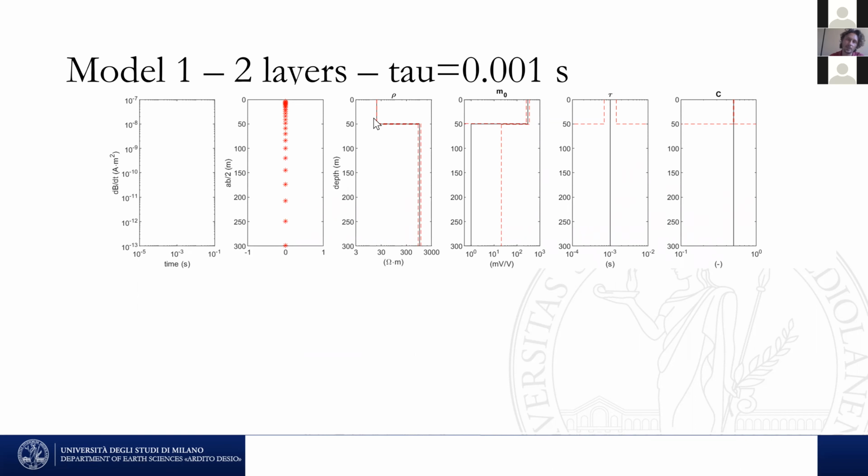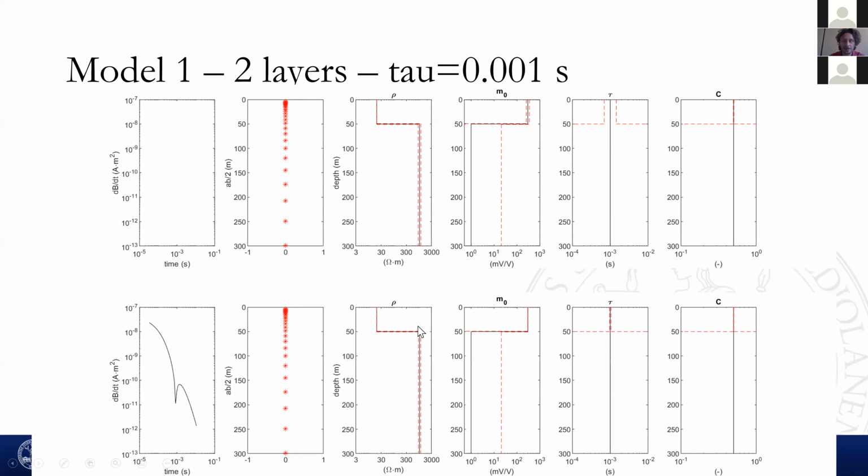This is a two-layer model with resistivity close to 20 ohm-meters and 500 ohm-meters, I think. The first layer is conductive and chargeable. And for relaxation time and C, we have no vertical variability. Here, the dashed line represents the uncertainty on the model when we invert galvanic IP data alone.